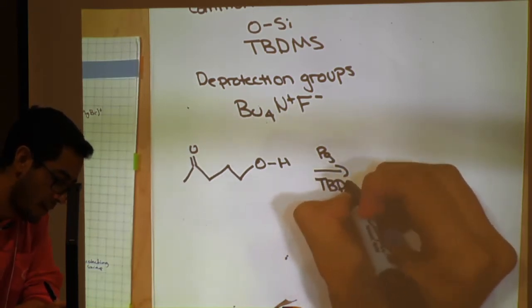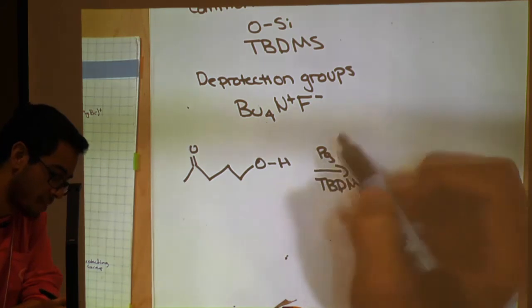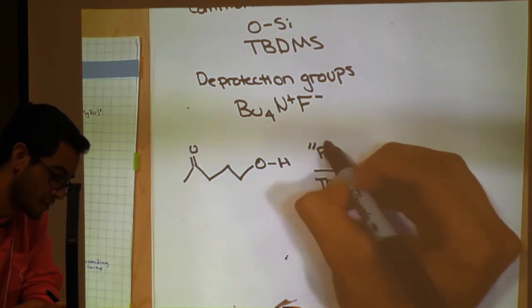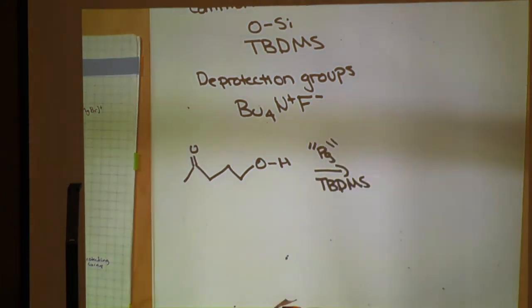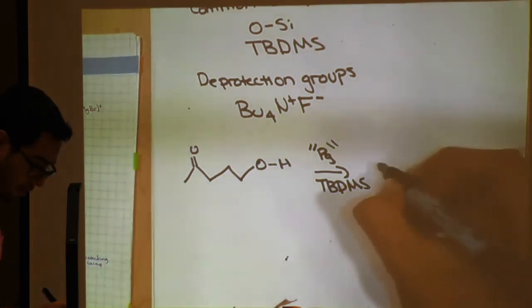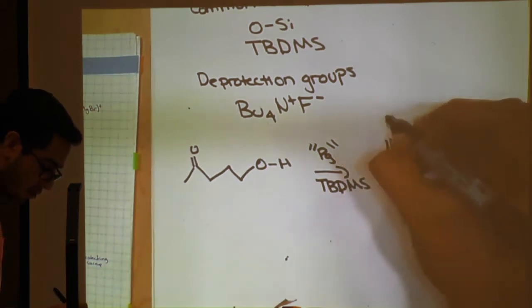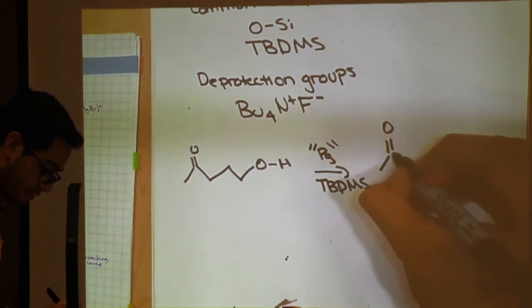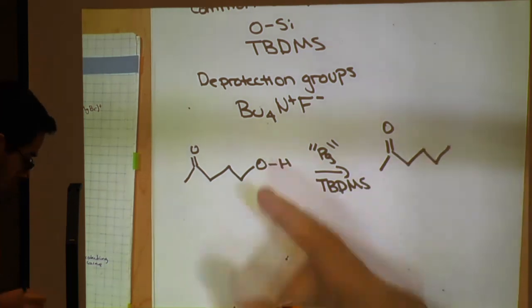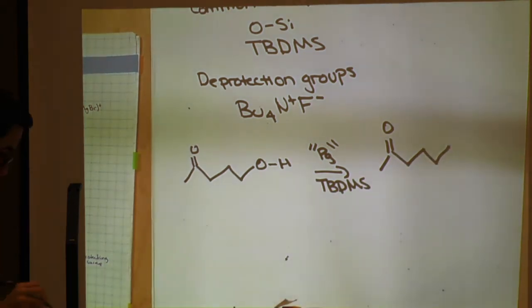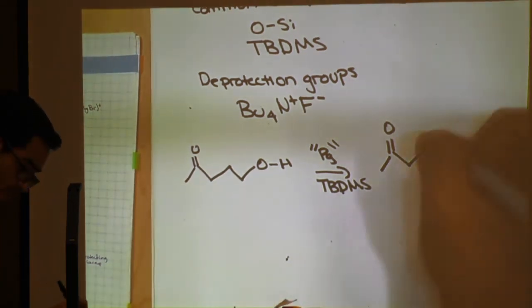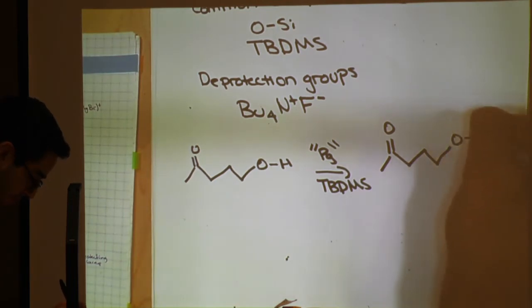I'm going to write both. They're not two separate reagents, just so you can be exposed to both. So I'm going to notate PG with a little quotation mark, so it's only one reagent here. Essentially, that's just going to attach onto your OH and protect it. So it's going to cleave the bond between the hydrogen and the oxygen, and we're going to have OPG.